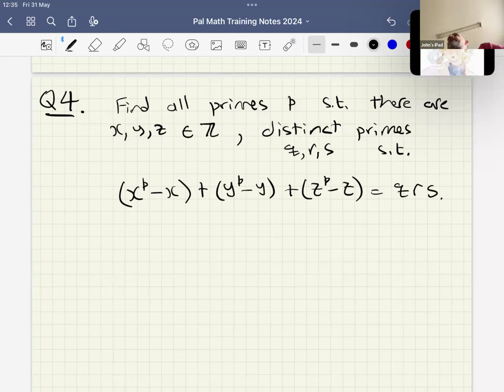Okay, so some comments about this. A typical way you look at these kind of Olympiad problems is you do a bit of experimentation.